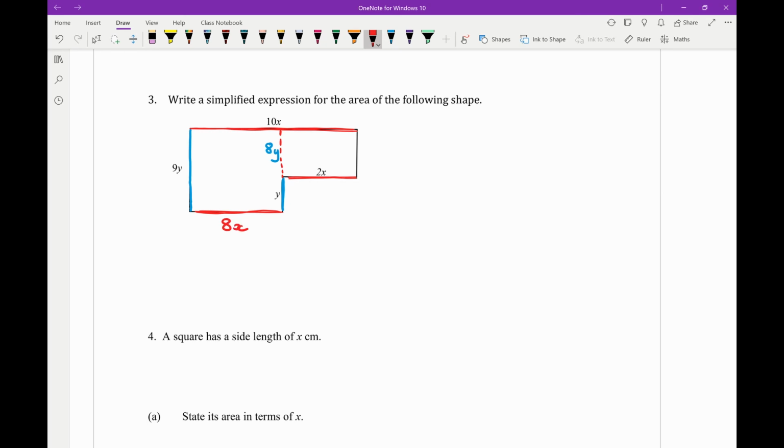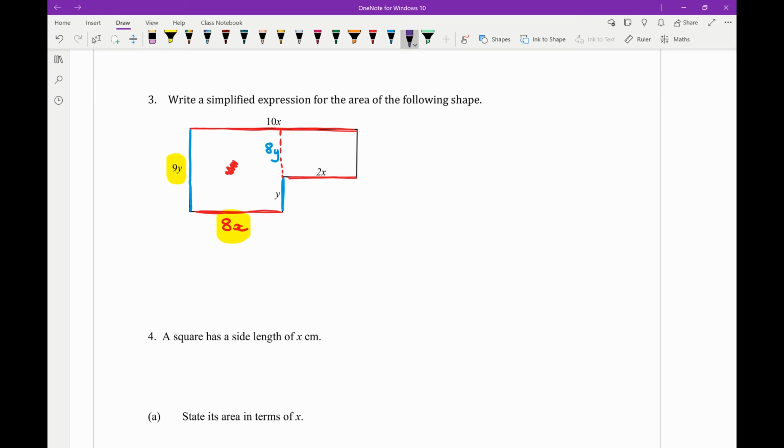Alright, so to work out the area, let's start with this big shape over here, this big one that I've drawn the squiggle in. The sides of that rectangle are the 9y and the 8x. To calculate the area of something, you times the sides together.